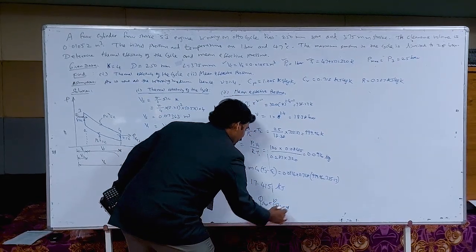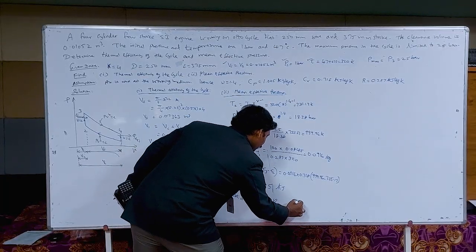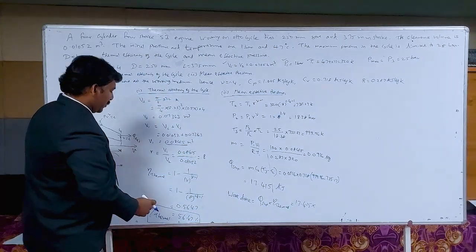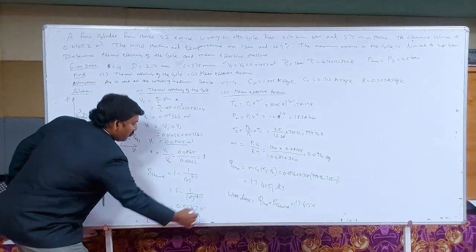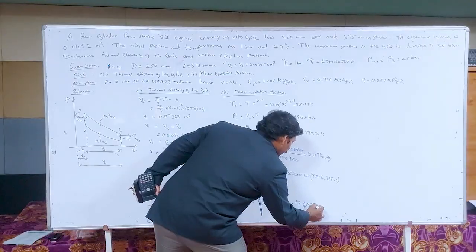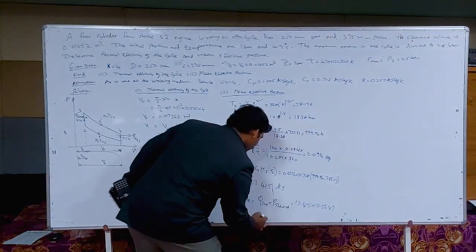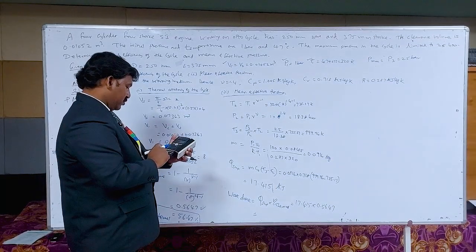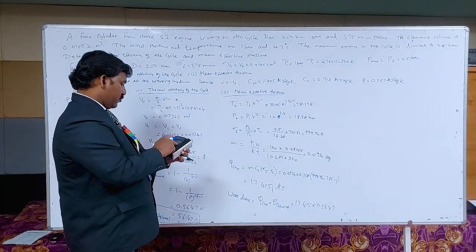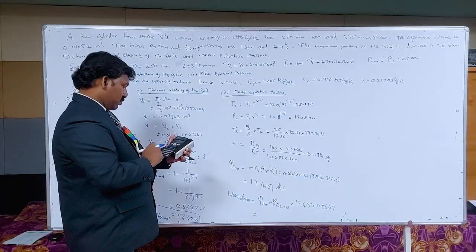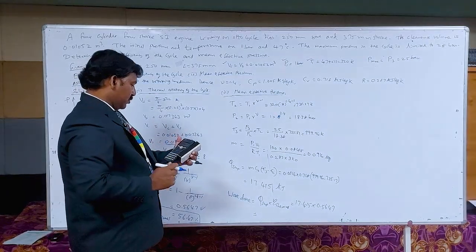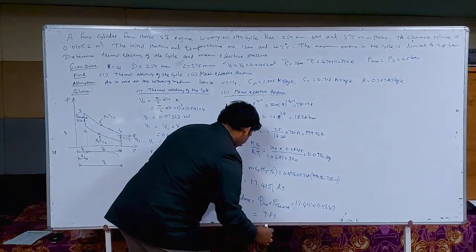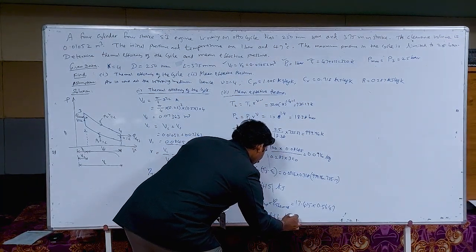Substituting heat supplied, 17.415, into the thermal efficiency, which I get as 0.5647, 17.415 into 0.5647 is equal to 9.834 kilojoule.